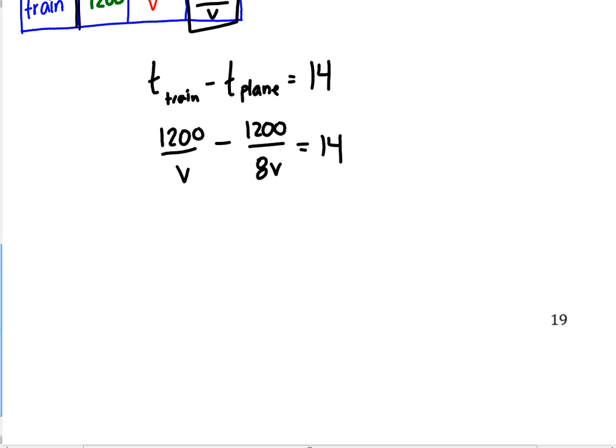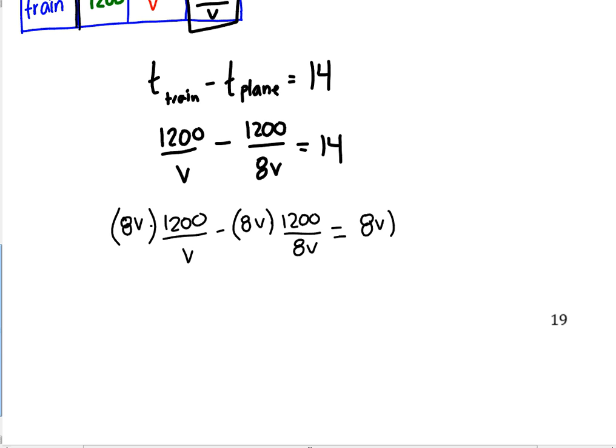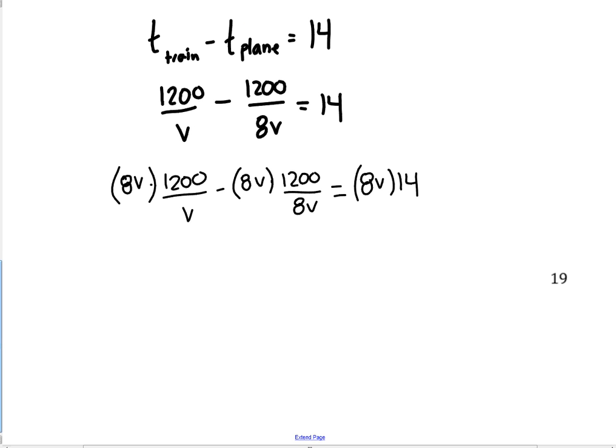So we're going to multiply everybody by 8V, equals 8V times 14, to get rid of that denominator. So here the V's cancel. 8V's cancel there.